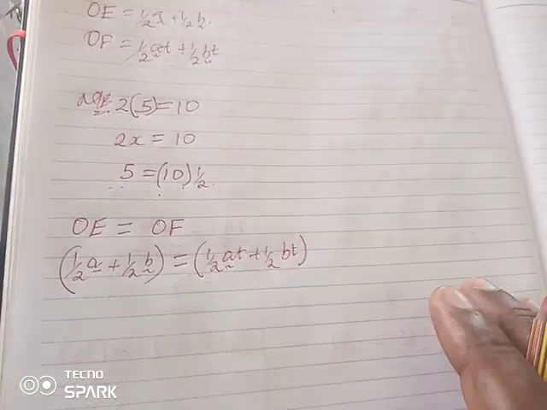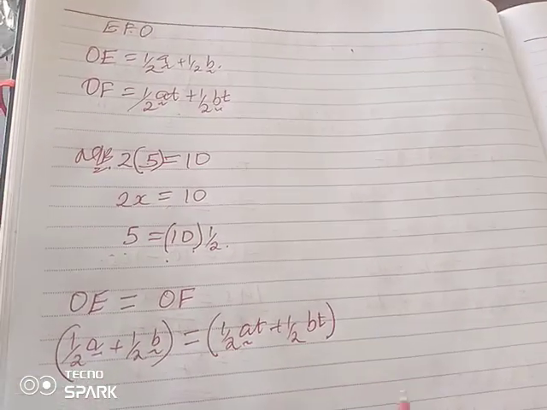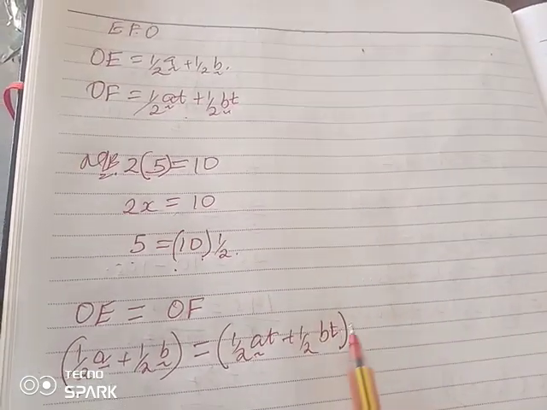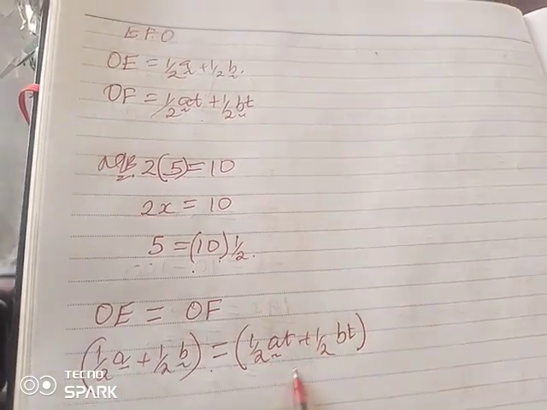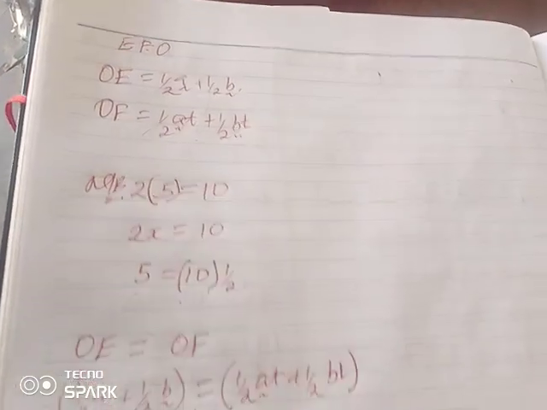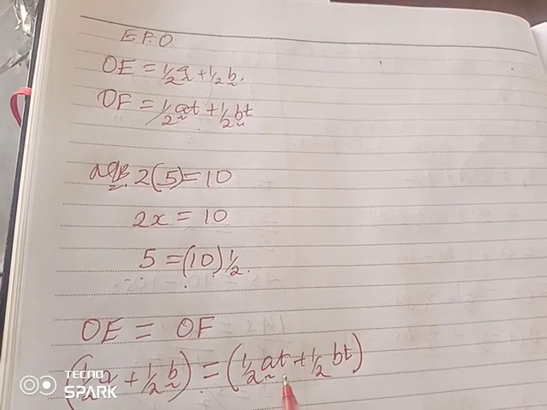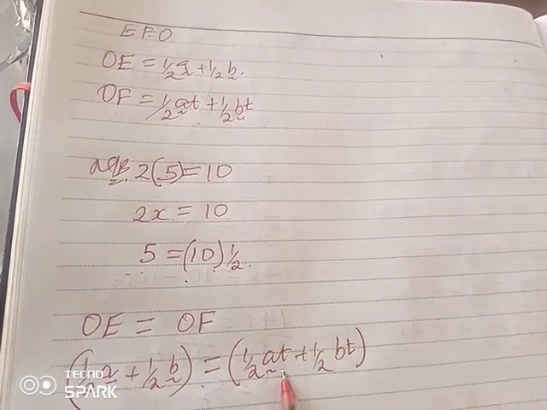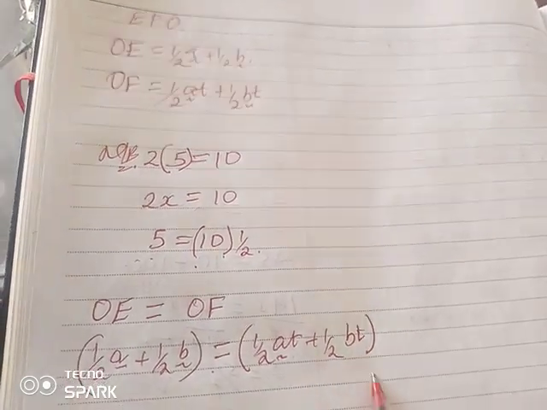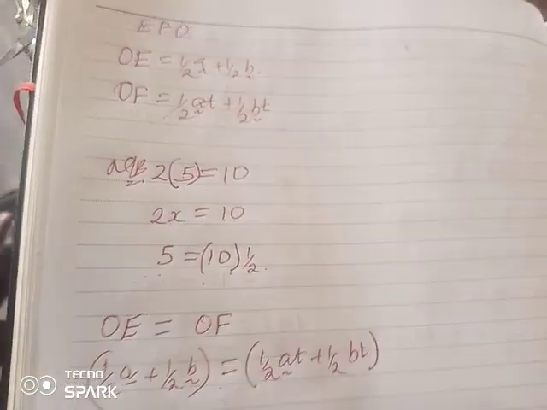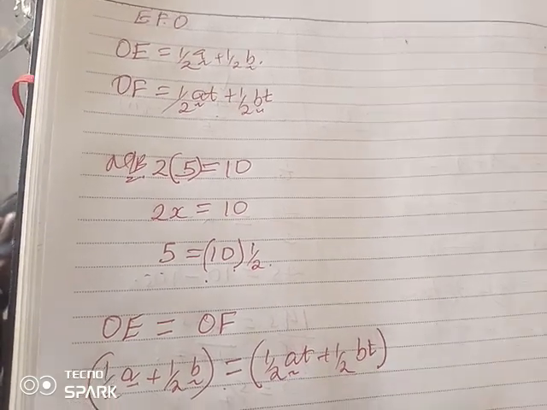At this stage, some good students tend to get lost because they cannot formulate this. But remember, we have already found the value of t. Let me substitute the t.